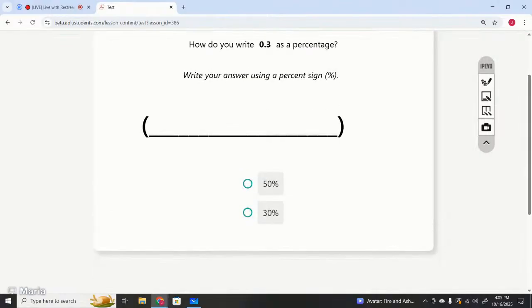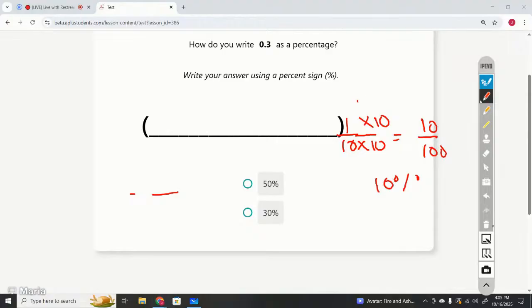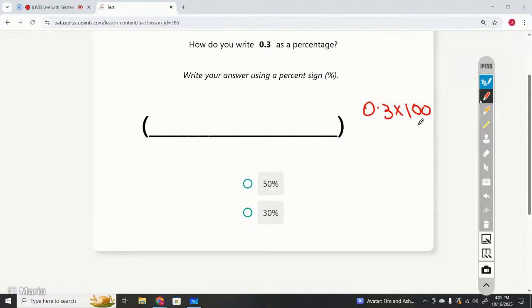How do you write 0.3 as a percentage? Whenever we need to write a decimal in the percentage form, you simply have to multiply it by 100. So you need to do 0.3 times 100. Multiplying by 100 means you need to move the decimal point two places, right? So we have only one place, so add another place and move it two places.